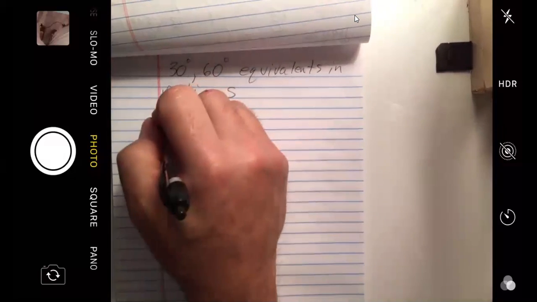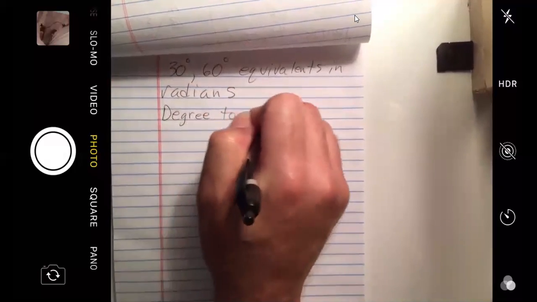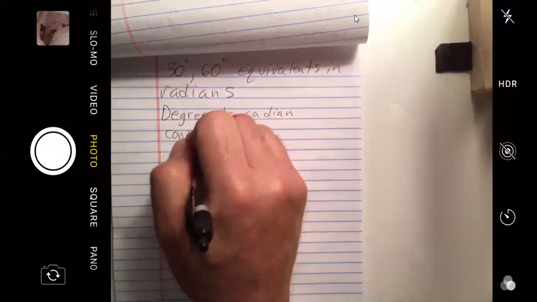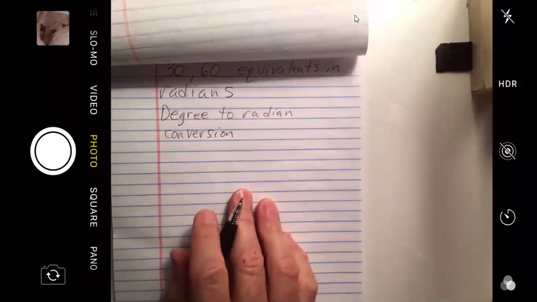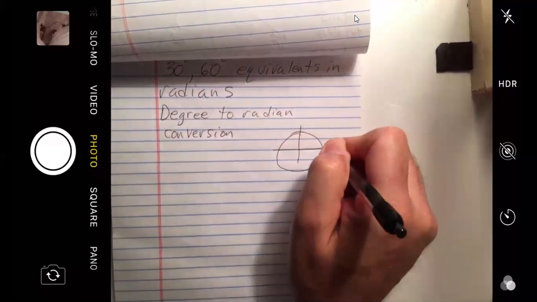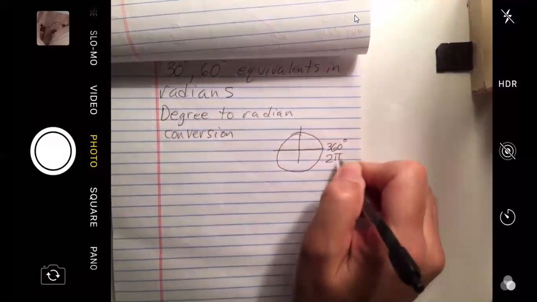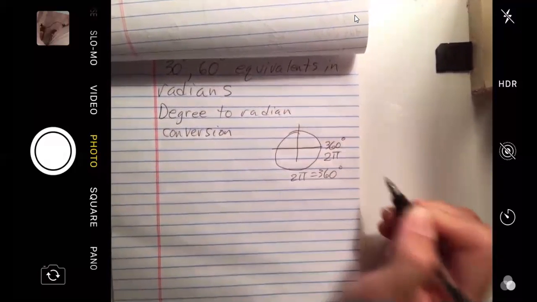This is called degree to radian conversion. If you remember around the circle, on the previous page, this is 360 degrees and 2 pi. We could use that: basically 2 pi equals 360 degrees.